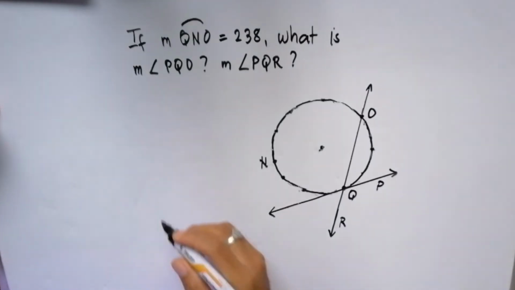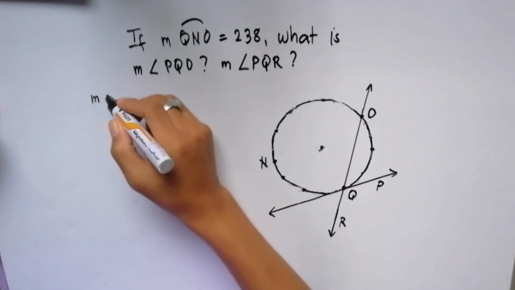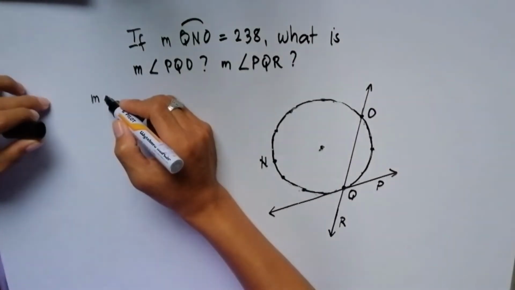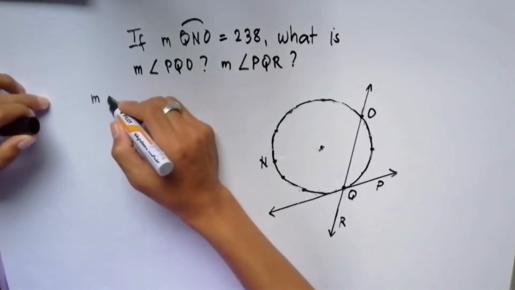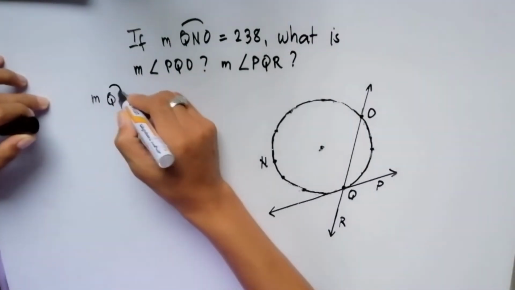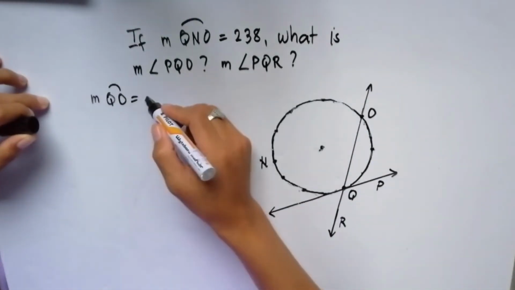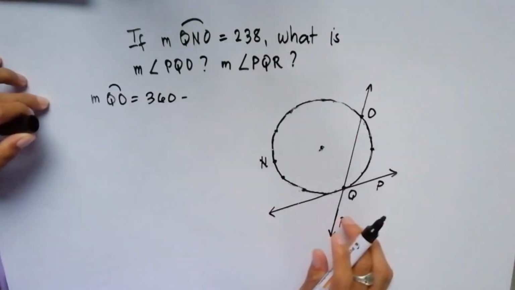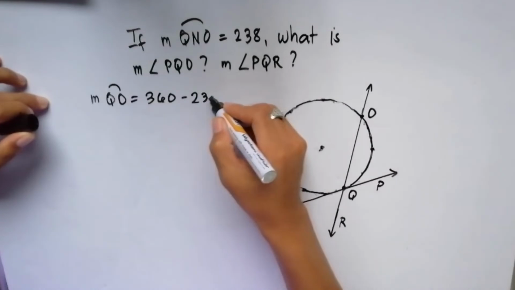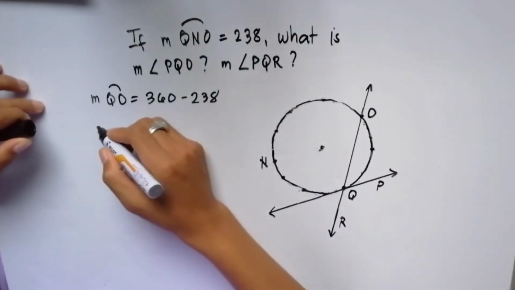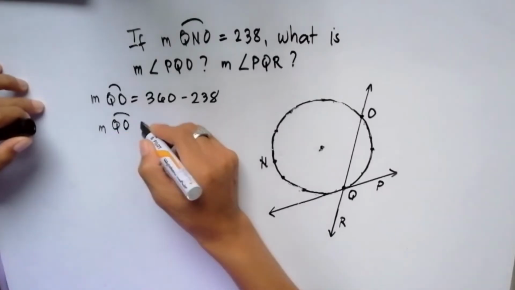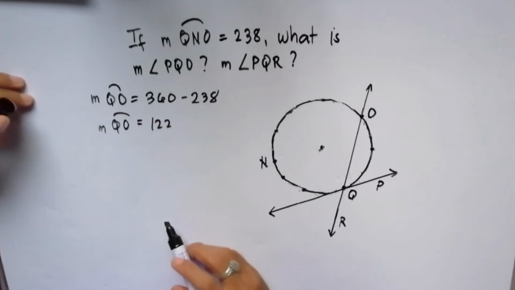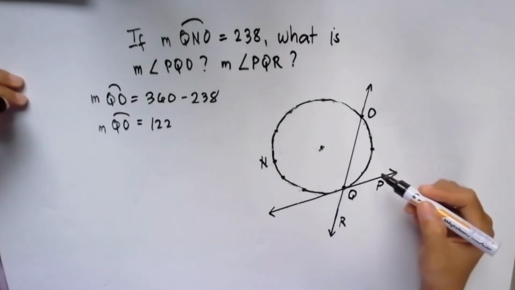So the measure of arc QO is equal to 360 minus the measure of arc QPO, which is 238, and that is equal to 122. So the measure of this arc is equal to 122.